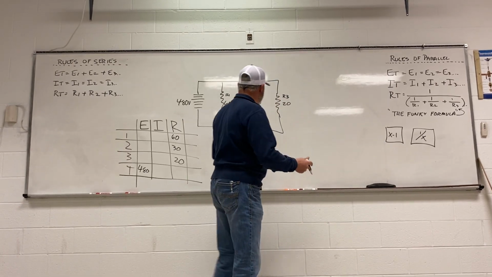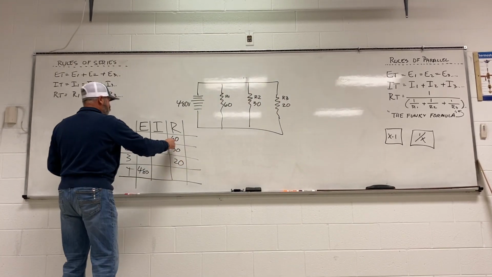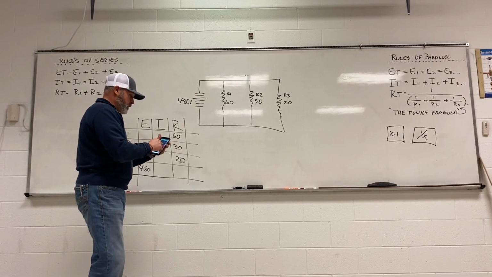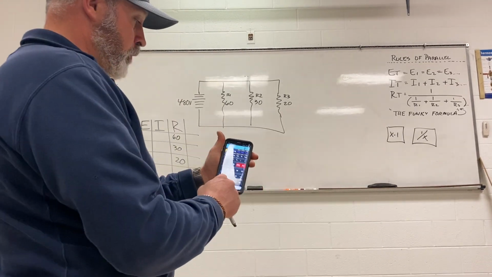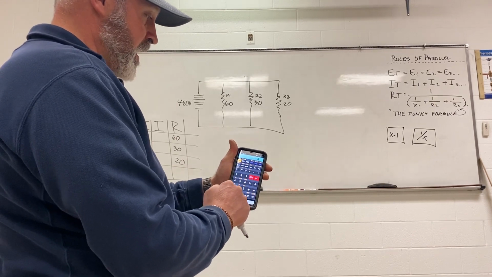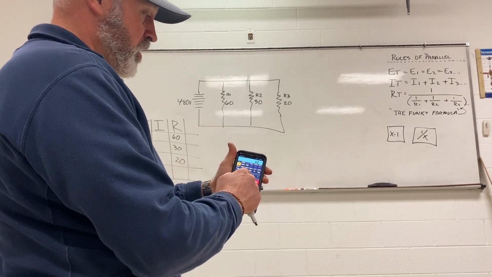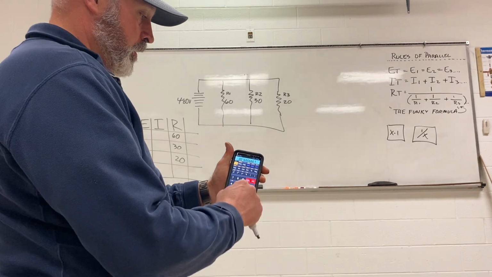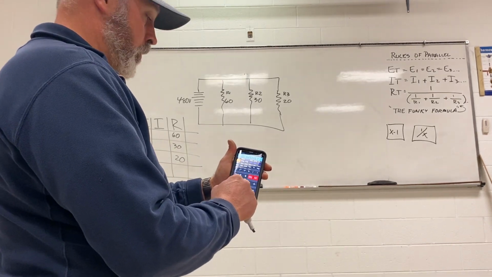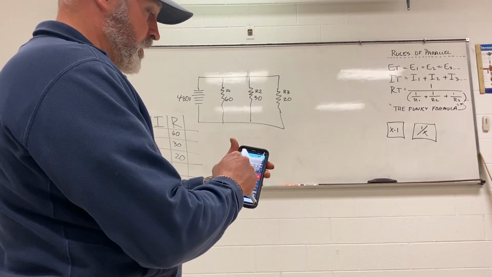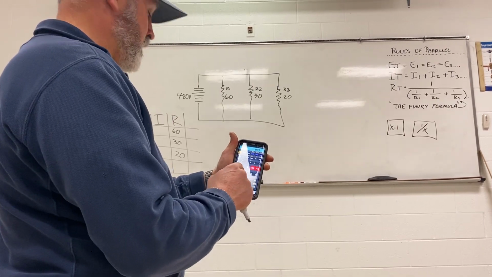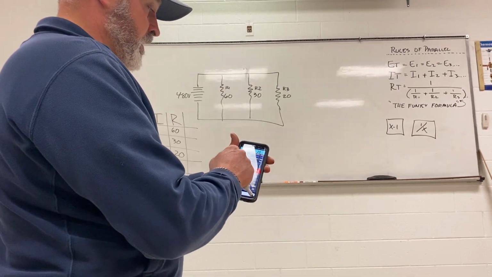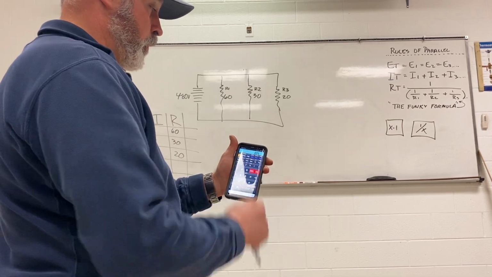And so we know load 1 is 60. So I'm going to type in 60, second function, 1 over x, plus 30, second function, 1 over x, plus 20, second function, 1 over x.